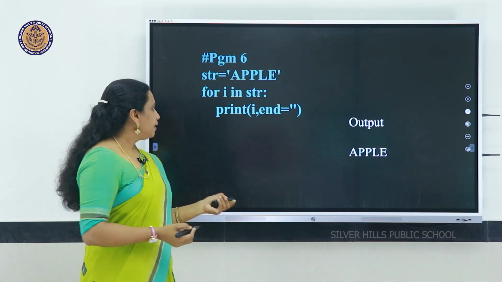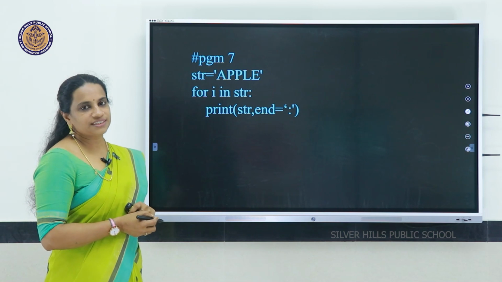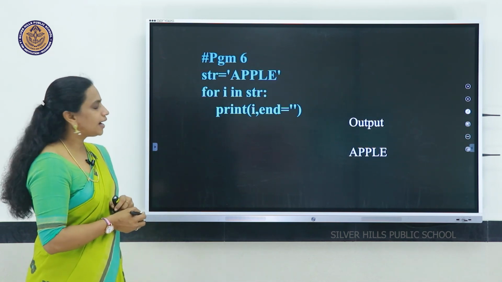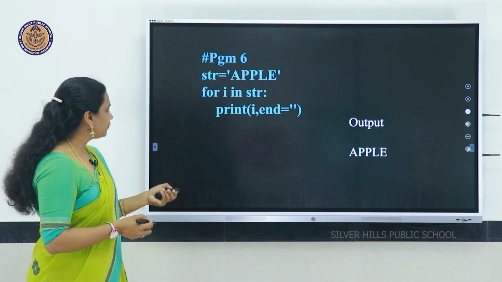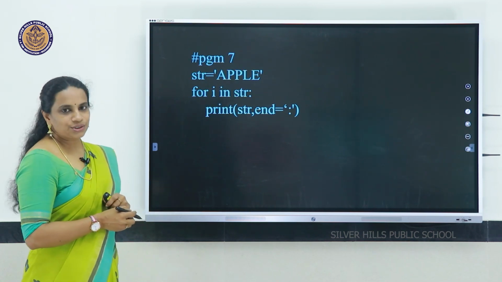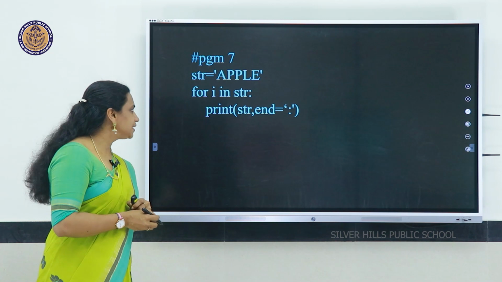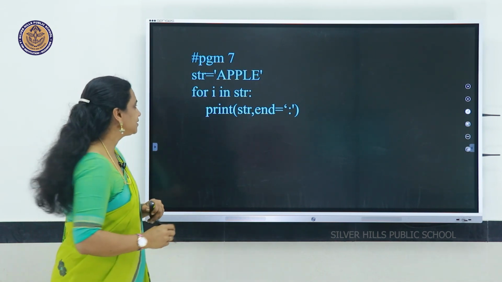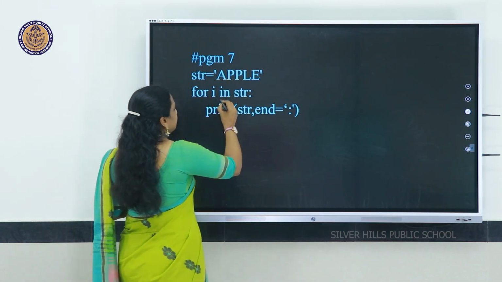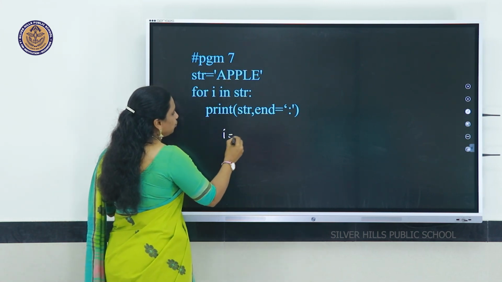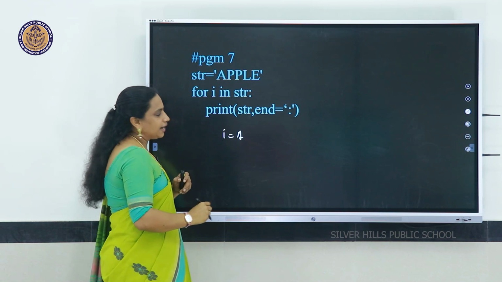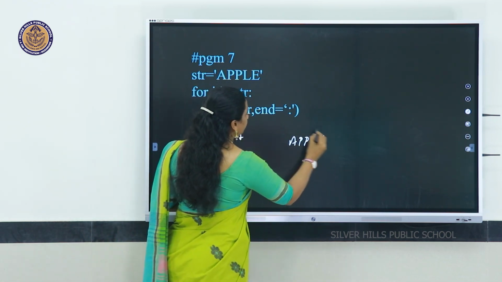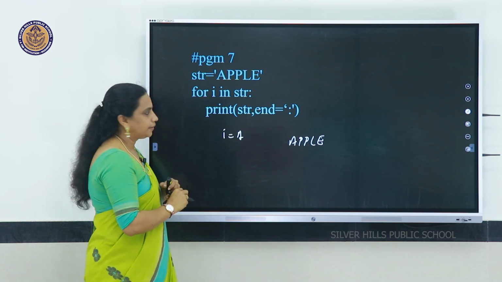Now, can you predict the output of this one? In the previous one you were printing the value of i. Same question, str is equal to apple. For i in str, print str. What is the output? When i value is A, print str means apple is printed.